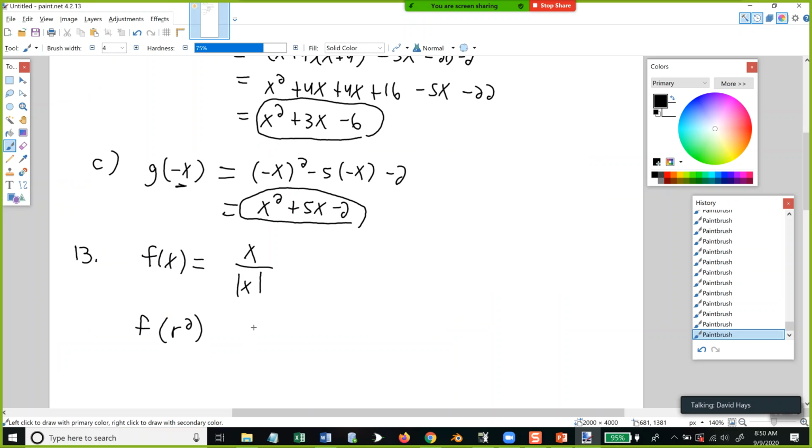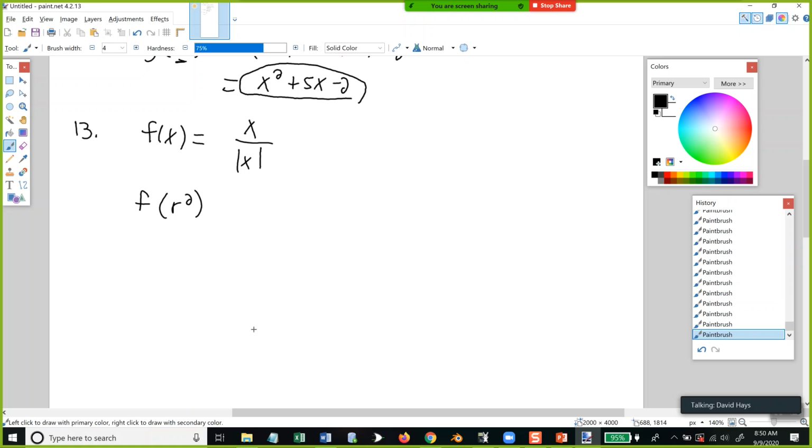But this presents a unique simplifying technique that you'll see if you go on beyond this class. Again, we're evaluating, so it's always the same. You go through and replace your x with sets of parentheses. Everything else remains as is. Whatever we're evaluating for, so whatever's inside this parentheses is what goes in here. So I'll put r squared in there. And then we want to simplify. That parentheses on top isn't doing anything, and those aren't doing anything, so I can drop them.